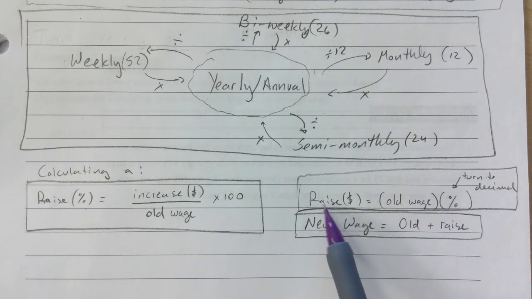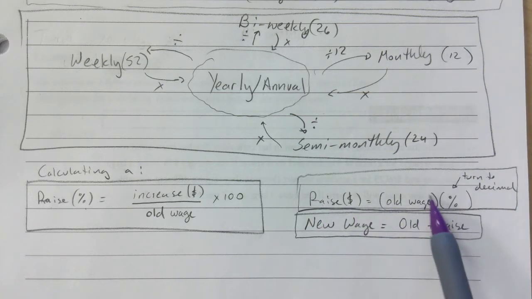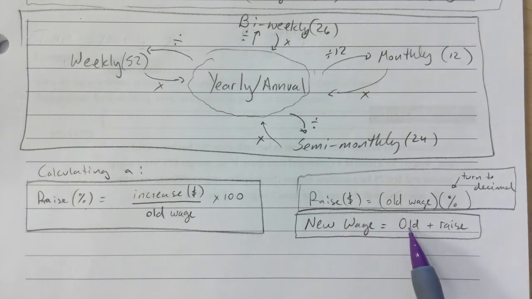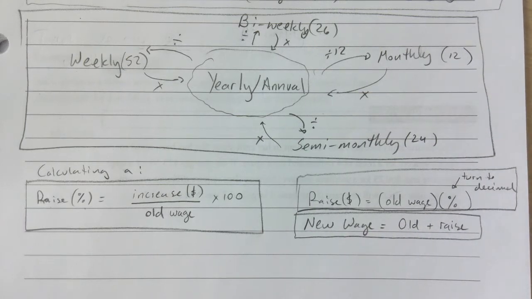To find the raise in dollars, you take the old wage and multiply it by a percentage, but you turn that into a decimal. To get the new wage, you take the old plus the raise, and then you get your new wage.